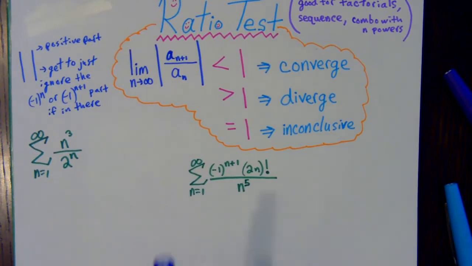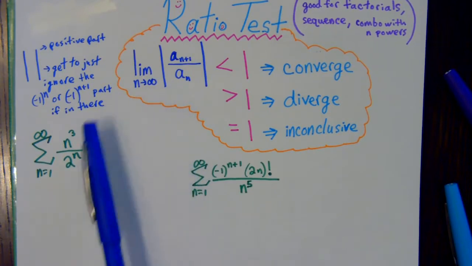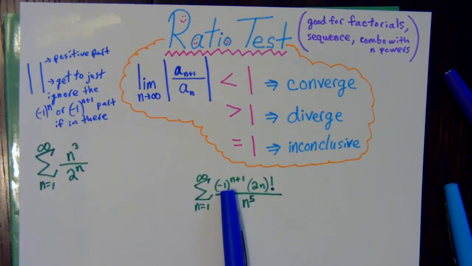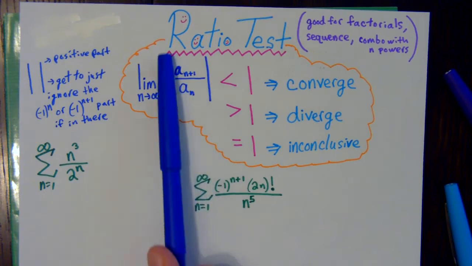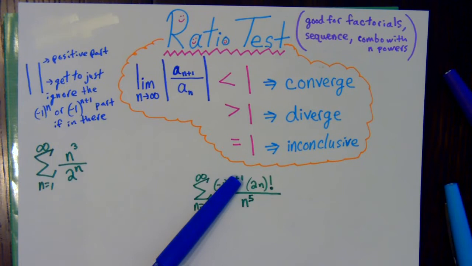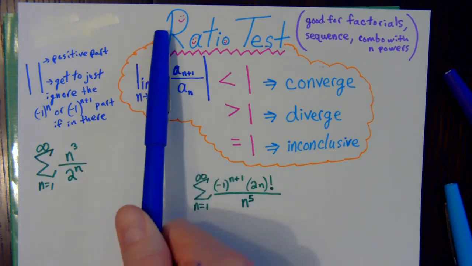So the good news is, you've got these absolute value bars, right? We know absolute value bars just make the stuff positive, which means if you have anything in there that makes it negative, you can just ignore that. Because the ratio test and the root test have the absolute value bars in them already, you're going to see me just ignore the part that makes it negative. If you put that notation in your problem as you're working it out, then you have to bog it down.